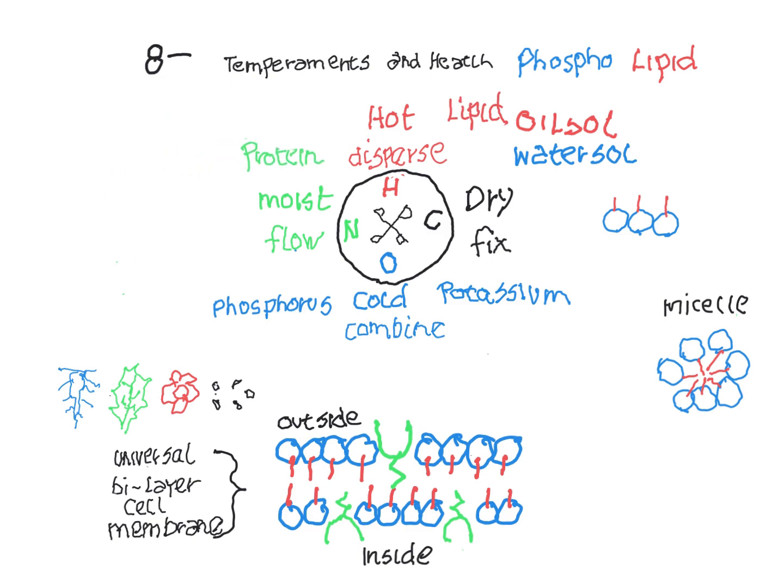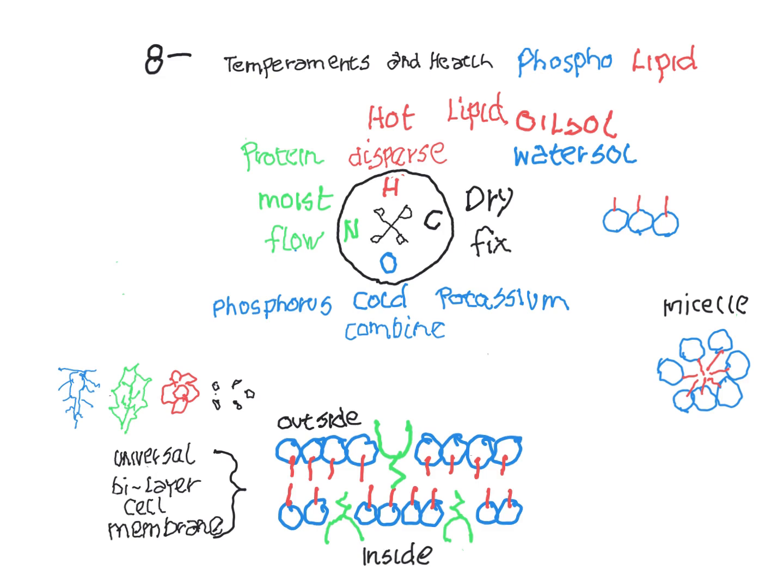So what we've done there is divided the water-soluble salts of potassium and calcium and phosphorus and sodium. They are known as potassium or calcium pumps because they pump those salts in and out of the cells to regulate the way in which the cells interact with the fluids inside and outside of the cell.